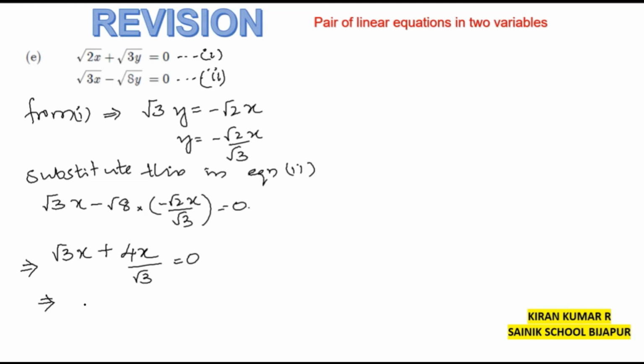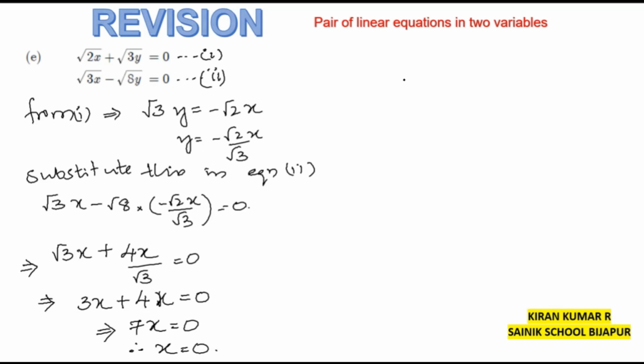Now let us take the LCM and cross multiply. We'll be getting 3x plus 4x equal to 0, because 0 times of root 3 is 0. So we get 7x equal to 0. Therefore the value of x is 0.